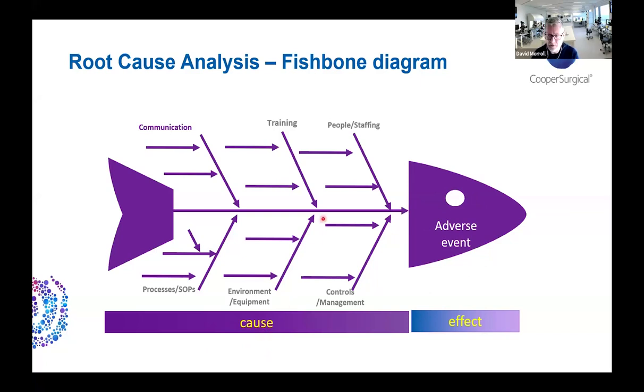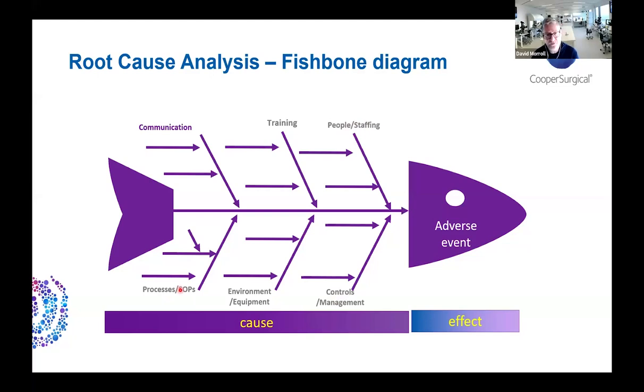So I highlighted here on the fishbone diagram things like communication, often a cause of poor performance, training, so looking at competencies and where people are asked to do things that they're not fully comfortable doing, people, controls and management, the environment and equipment, and the processes we use.